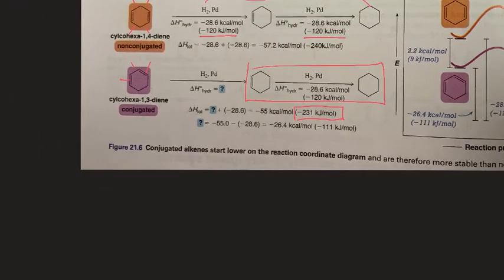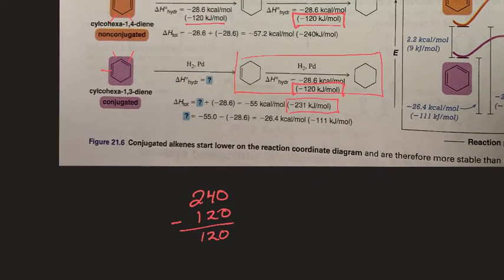If I take 231 minus the 120, we get 111 kilojoules per mole.